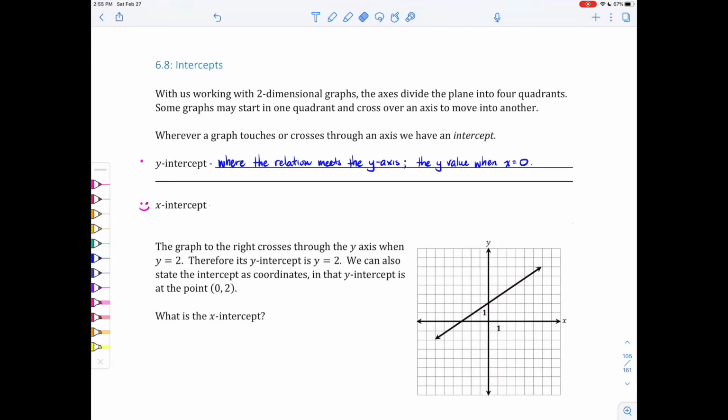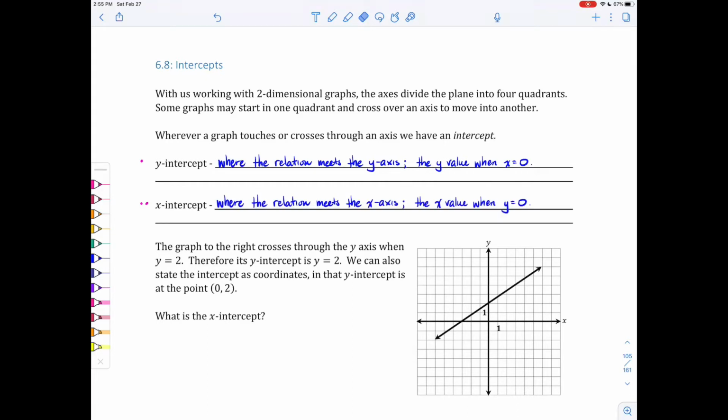We also have an x-intercept, and that's where the relation or function meets the x-axis. And the value of y at the x-axis is 0. So if we're looking at the x-axis here, that horizontal line, the value of y at any given point on that line is 0.